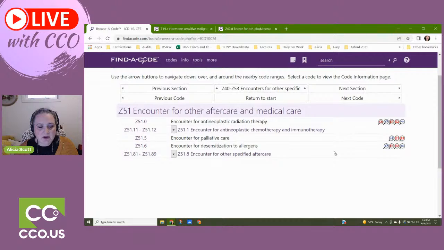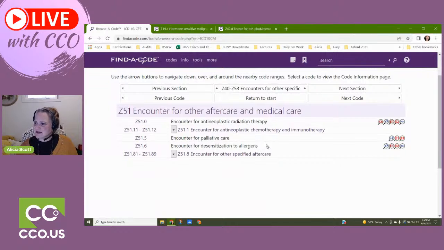After other medical care, chemotherapy, palliative care. If you have entered palliative care, let's see, desensitization to allergens. Do you have any idea what that is? So put in the chat if you know what that is.